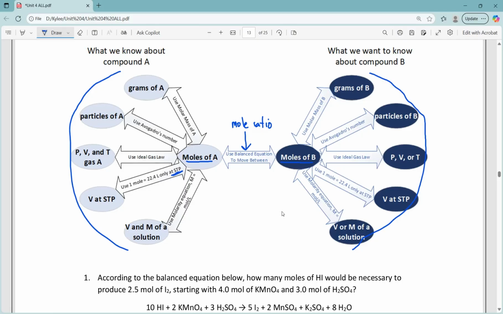So if I want to know how many grams of something would be made from a chemical reaction, then my next step would be to get to grams of B, and so on and so forth. So the left and right parts of the graphic organizer are exactly the same, and the go-between, the middle part that allows us to switch from one substance to another, is the mole ratio from the balanced equation.